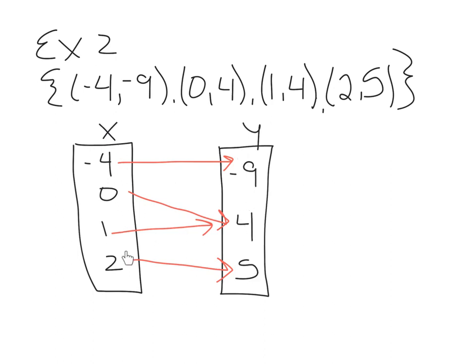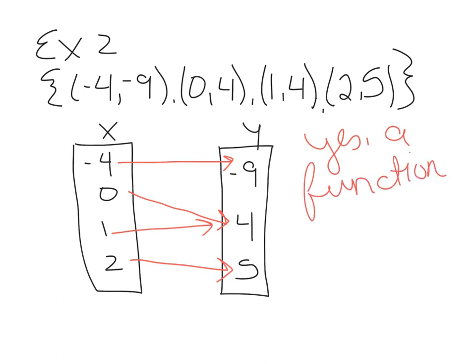Yes, every x has one y. It's okay that 2 different x's are sharing a y as long as each x has only one y. So yes, this is a function.